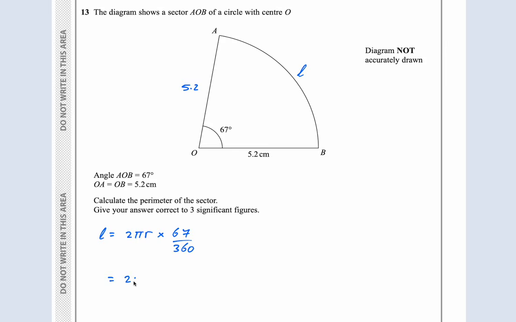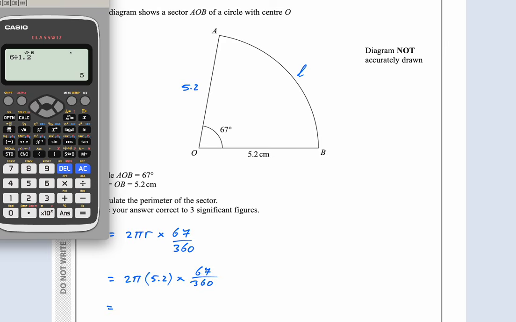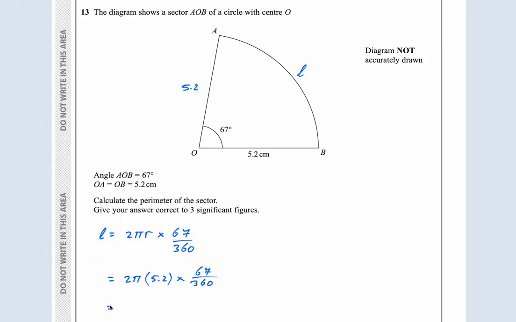So we've 2 pi, radius is 5.2, times 67 over 360, and this is equal to, out with the calculator, 2 times pi times 5.2 times 67 over 360, which is 6.08. He wants 3 significant figures, guys, so let's just go 6.08.